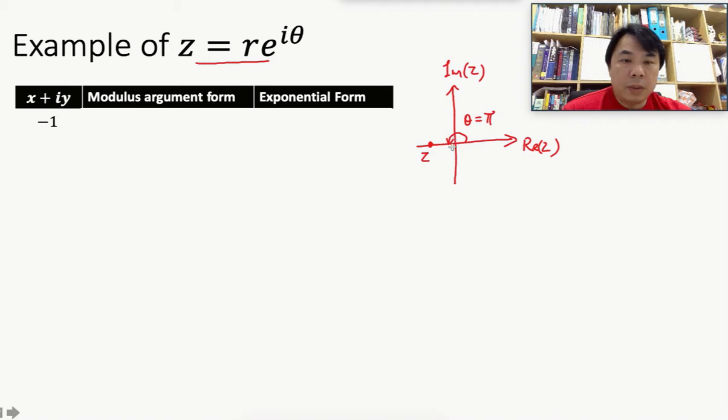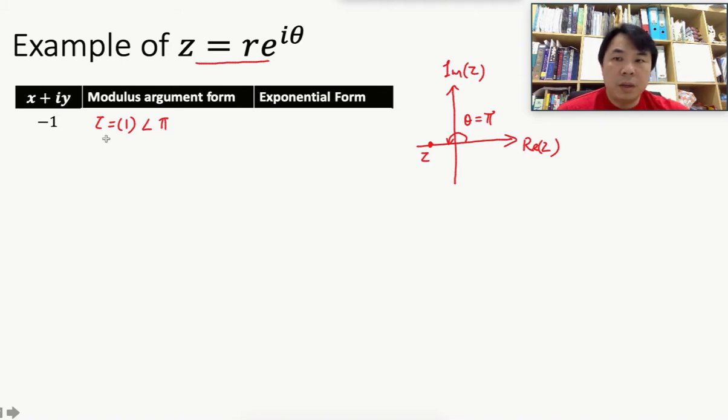The next property of this complex number is its magnitude, the length of this complex number with respect to the origin. It's very obvious it's 1 unit here. So we can write down its modulus argument form in such a format. We write z equal to, r is 1 unit, and then the angle is pi.